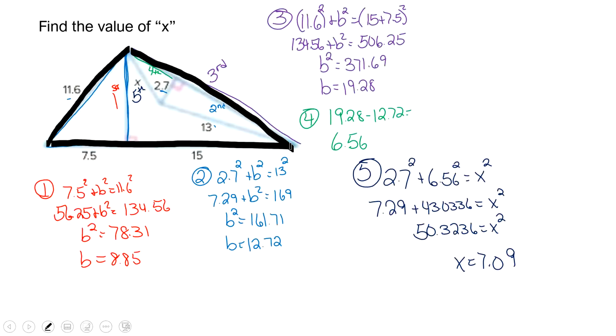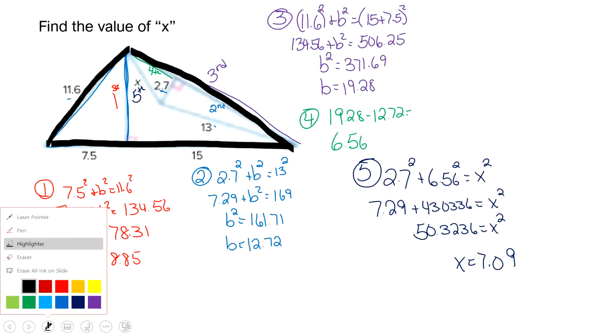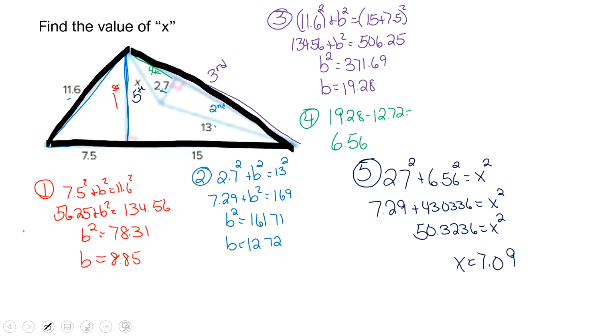I was finding the other leg as B. I went through that and I found out that that was 19.28. So now I had this whole length here was 19.28. I can subtract what I found in number 2 from that. So I got that this little short piece, the green piece, the fourth piece, was 6.56.